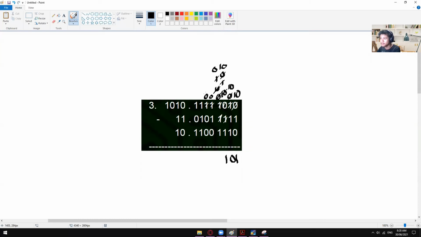So 1 will become 0, 0 will become 10. And then 0 will become 10. My bad, this is not 0. 10 will become 1. So it will be deducted by 1 only, not 2. Now we can deduct this one since it is now valid. So 10 minus 1 is 1.